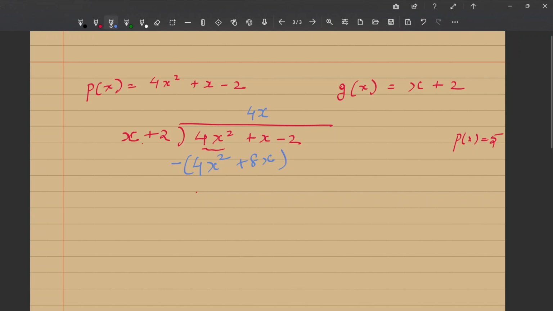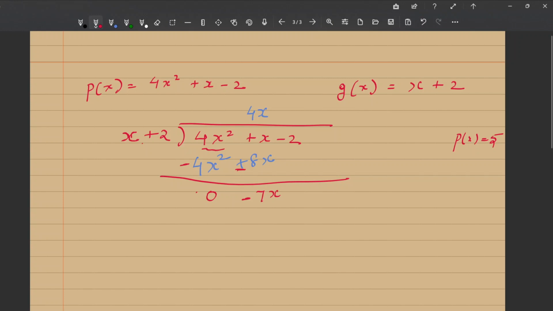So instead of putting a common sign, let me write minus here and minus here. And now our subtraction. What is x minus 8x? x minus 8x is negative 7x. Of course, these two terms give 0, I do not have to mention it, but 0 minus 7x.